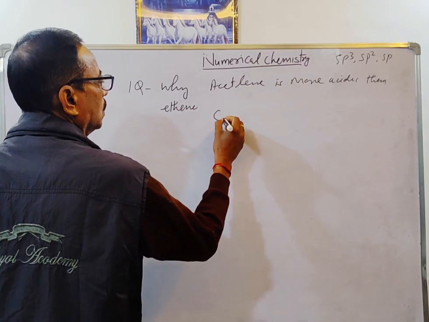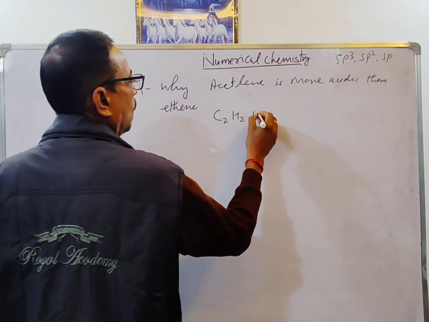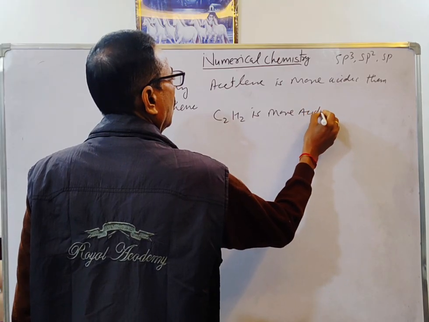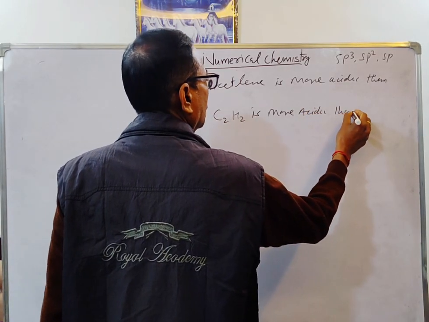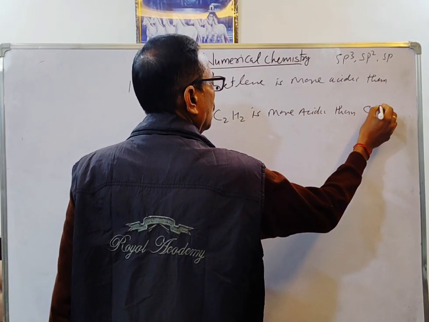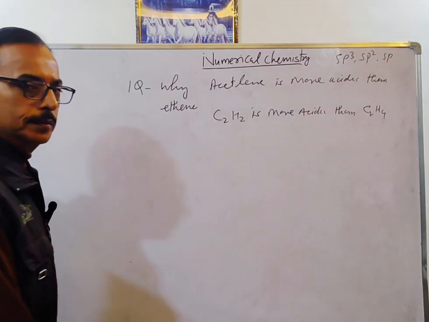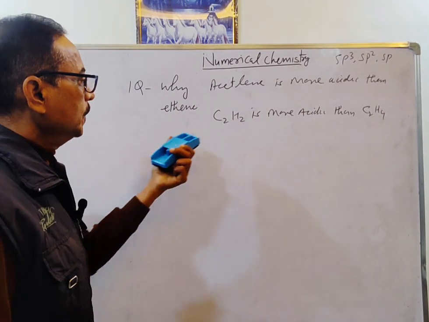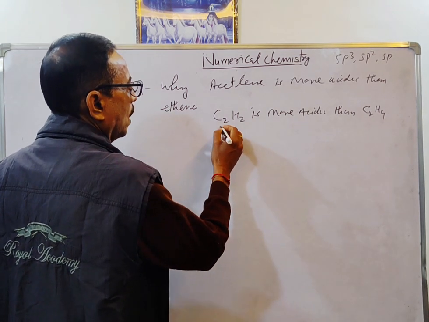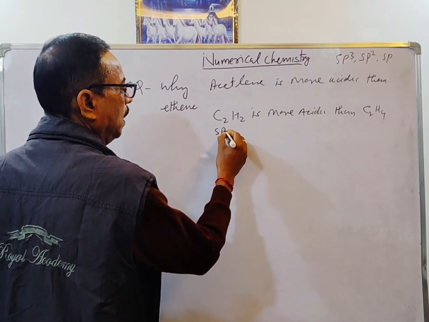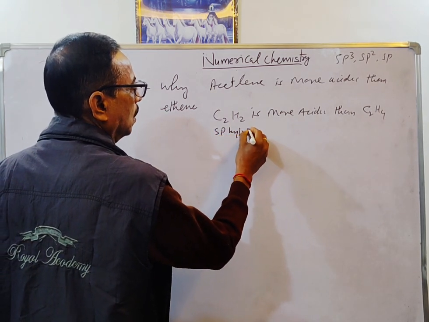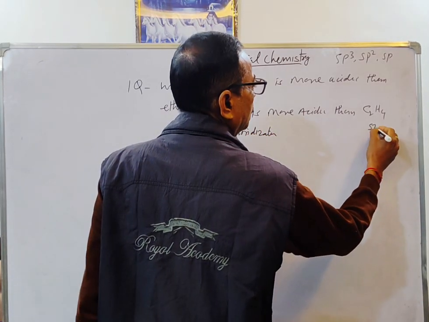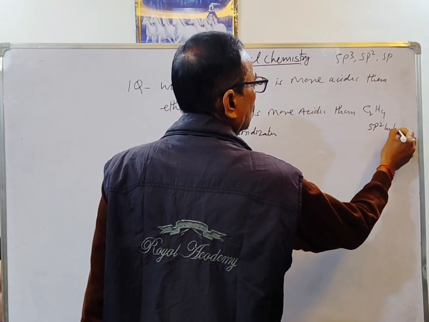It means C2H2 is more acidic than C2H4. Why? So I have told you earlier, C2H2 has sp hybridization, and C2H4 has sp2 hybridization.